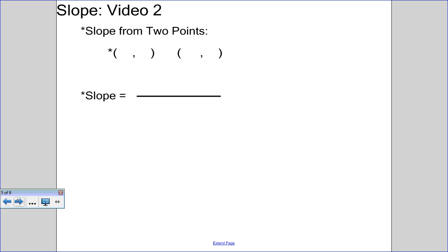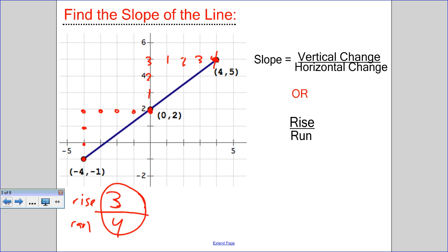Another way to find slope is to use 2 points. So if we have 2 points, it would be like saying we have x1 and y1 over x2 and y2. Now yesterday we looked at a graph and we talked about the change from one point to the other on the y-axis. That's like saying from y2 to y1, and we took the difference.